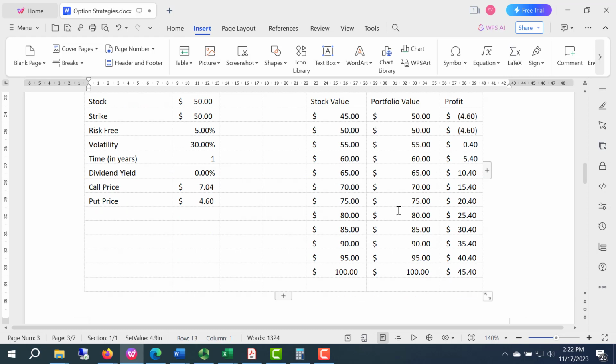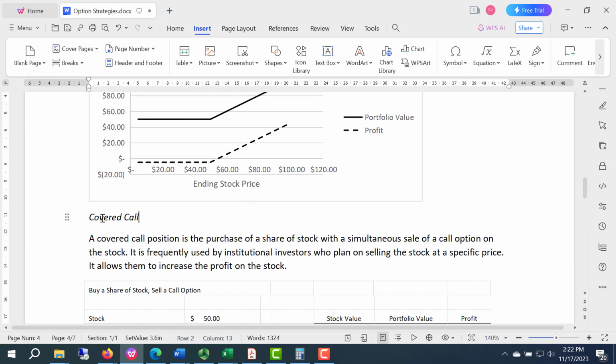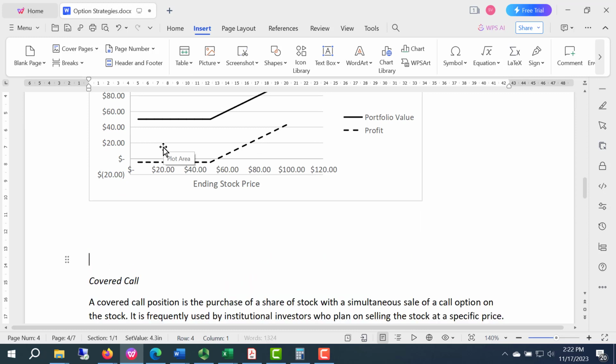If the stock price increases, we don't get the full increase in the value of the stock because we did have to pay for that option to protect us against a loss. So let's go ahead and I'll show you how to calculate the profit on that.